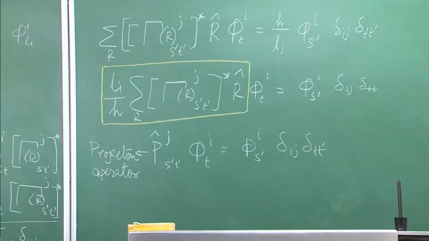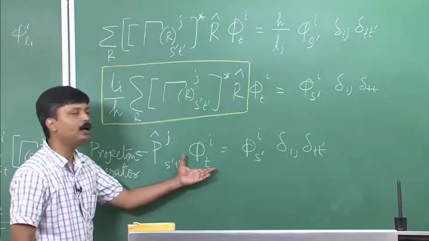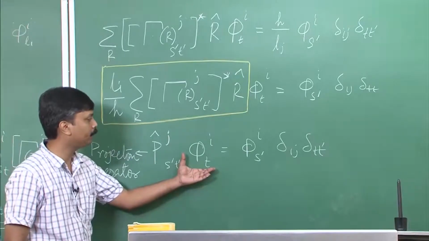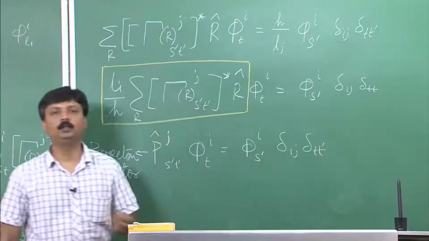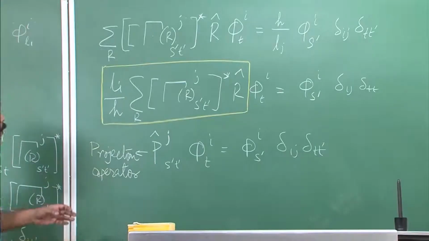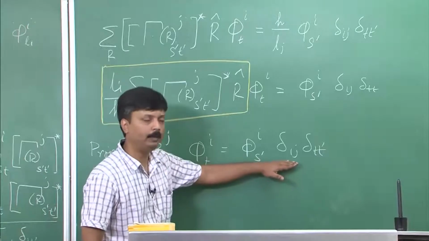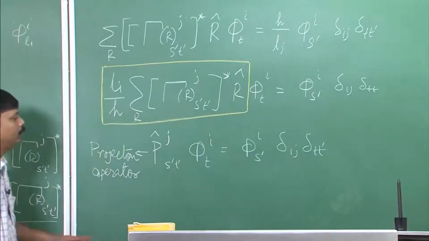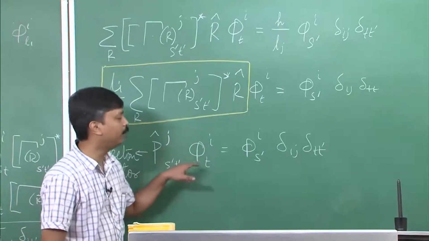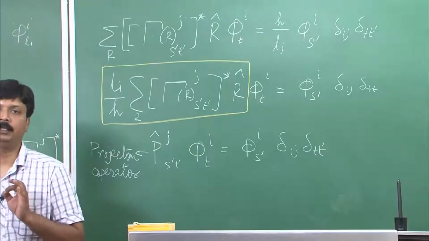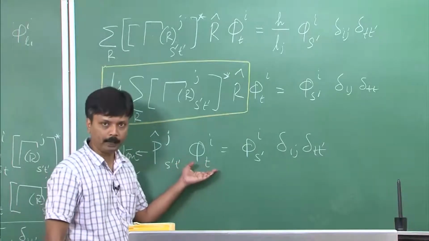So now you can see here that this particular operator, when it is operated on any arbitrary function phi t, projects out another function phi s prime. This projection will take place only when the function phi t contains or is itself phi t prime.